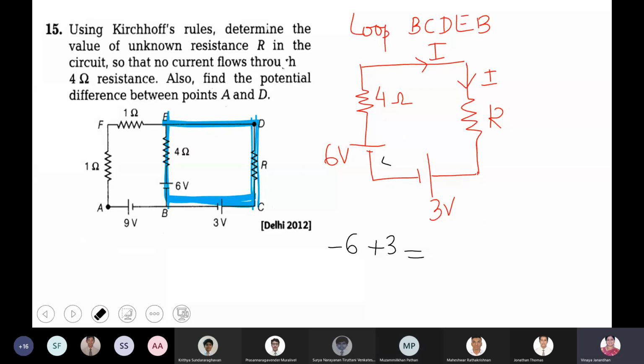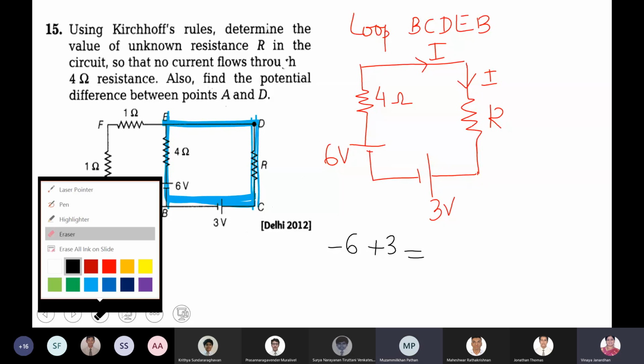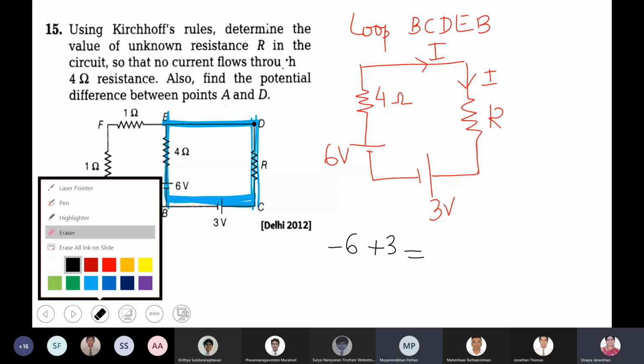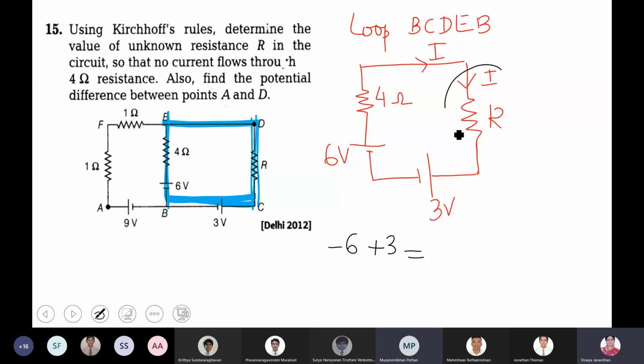Look at the 3 volt battery, from positive to negative. Is it clockwise or anti-clockwise? Anti-clockwise. Whenever the current is anti-clockwise, take it as positive. Clockwise is negative and anti-clockwise is positive.